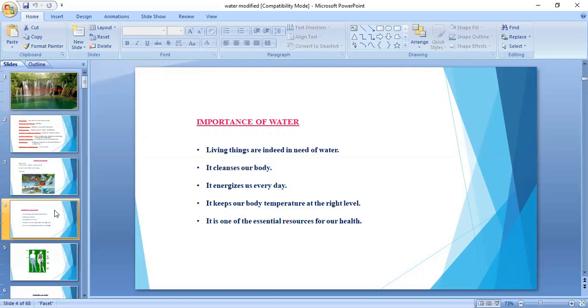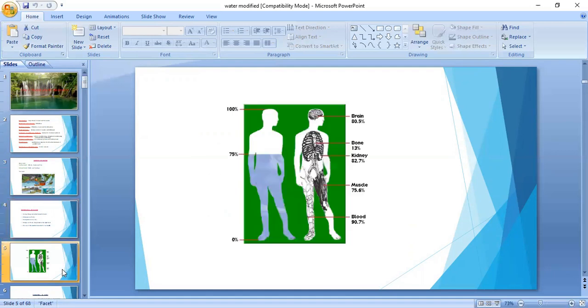For example, 70 to 75 percent of our human body is water, and in aquatic plants, 95 to 99 percent is water. Water is also useful in other fields like the pharmaceutical industry, cement industry, textile industry, washing, bathing purposes, and so on.